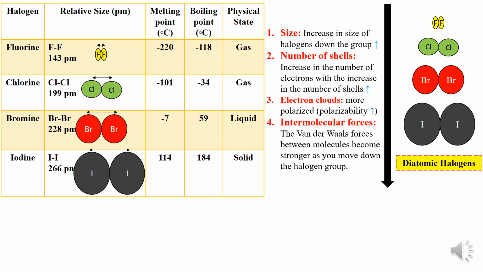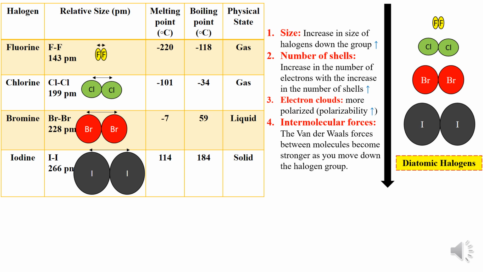Iodine exists as a solid at room temperature because of stronger intermolecular forces between the iodine molecules, because of its bulkier nature or its bigger size.